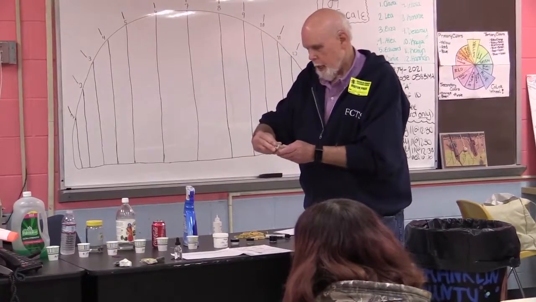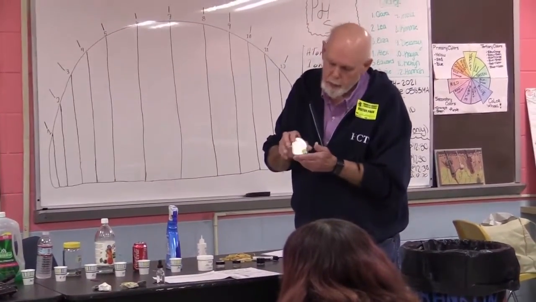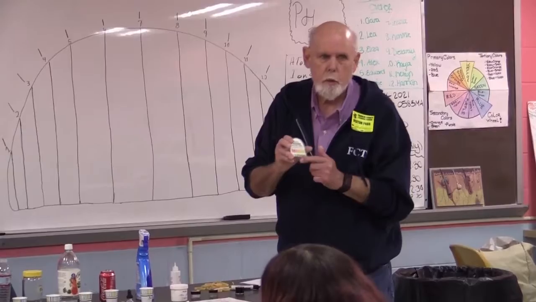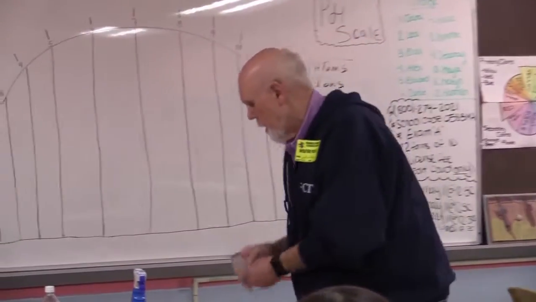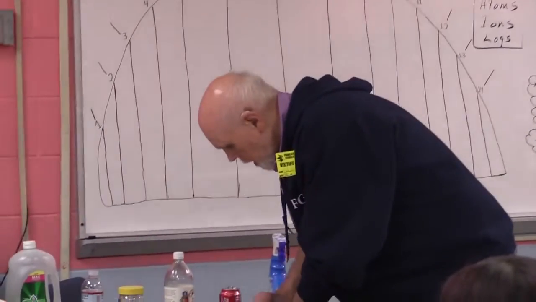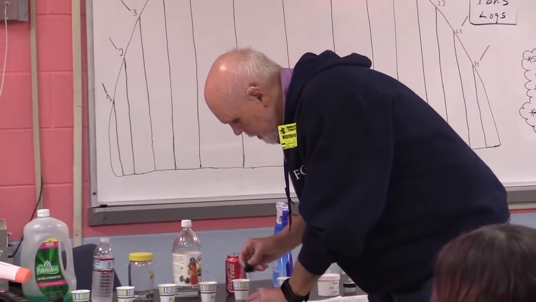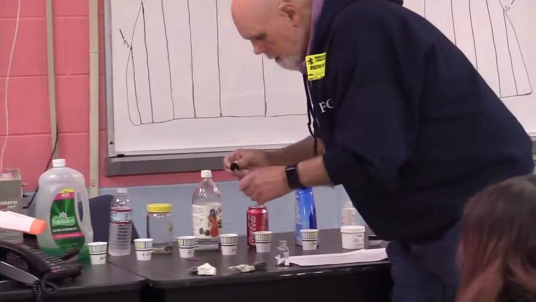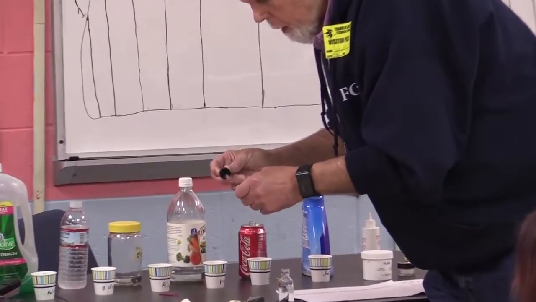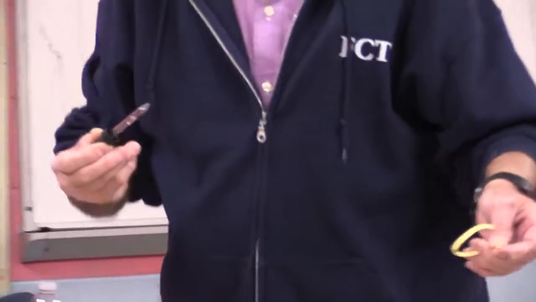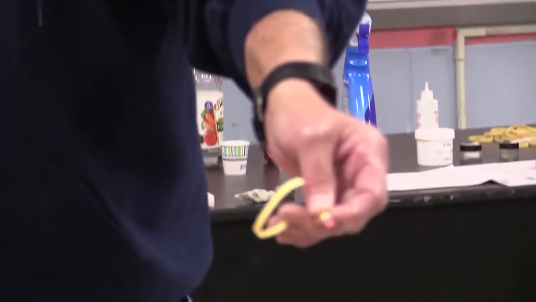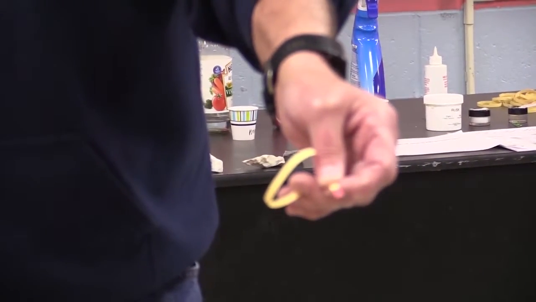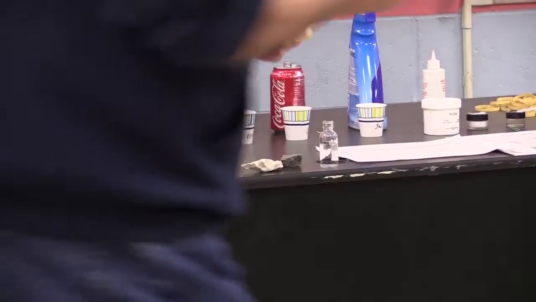It's pH hydrion, and there's a little scale here, so when you do your measurements, you look at your scale and see what you get. So I'm going to put just a touch of this on here. And you can see it gets pretty red. So there's a strong acid.